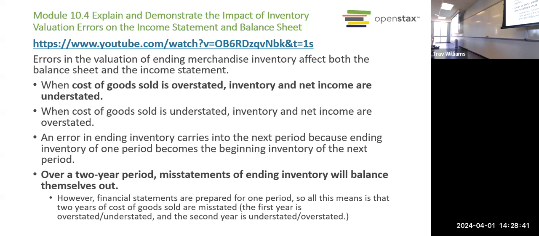I'm not going to make you listen to this again, but as we just discussed, if there's a mistake in cost of goods sold, it throws off your net income and your inventory for at least this year and the following year, and then it gets corrected.